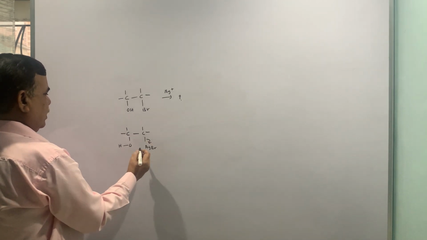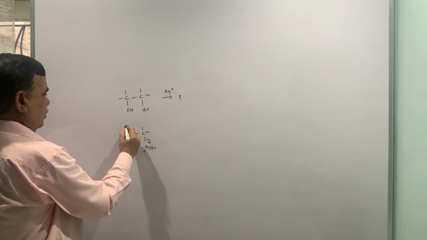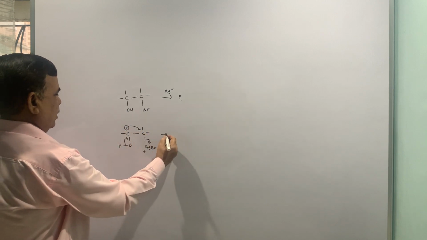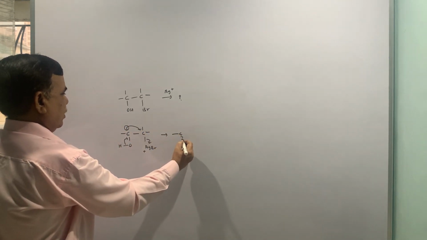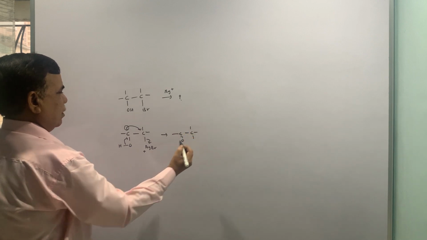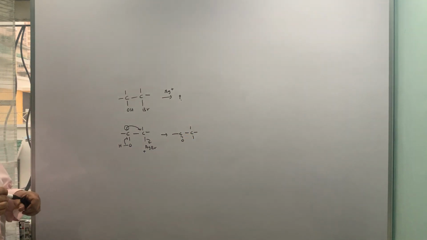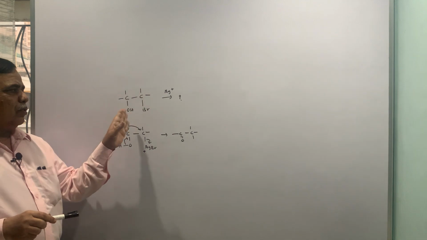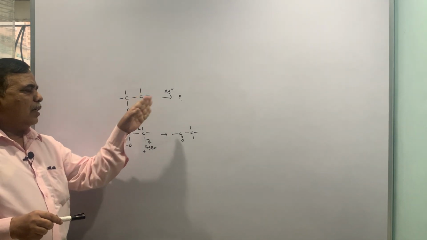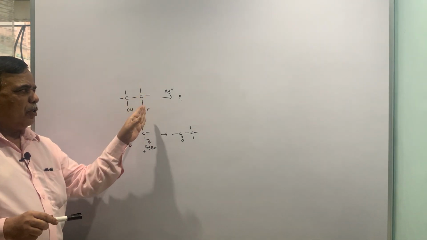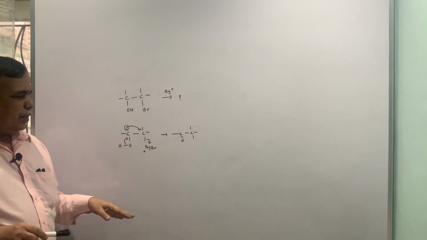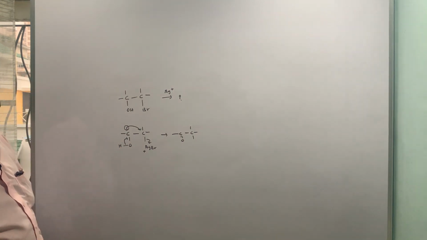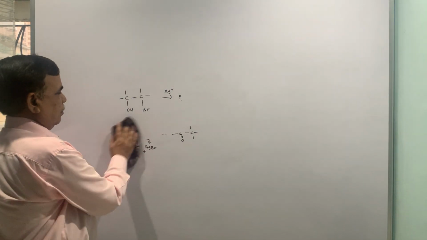This goes off as AgBr, this comes here. This is a pinacol type reaction. The methyl migration is there. Now the catalyst is different, so you cannot have a silver and hydroxyl bond. The silver Br bond will be better, and loss of AgBr is always preferred in this transformation.